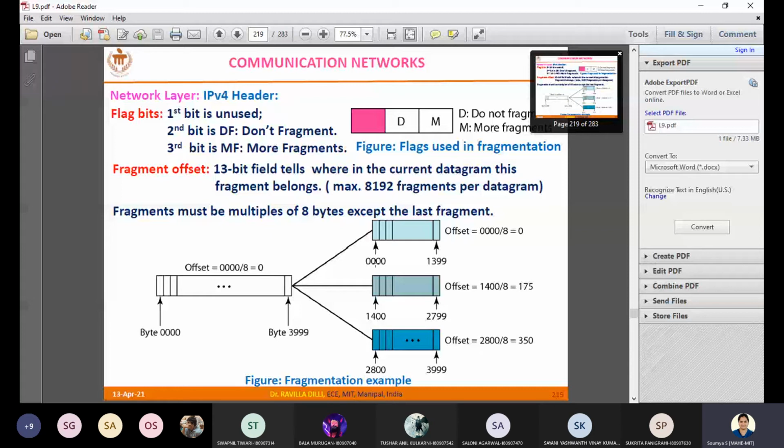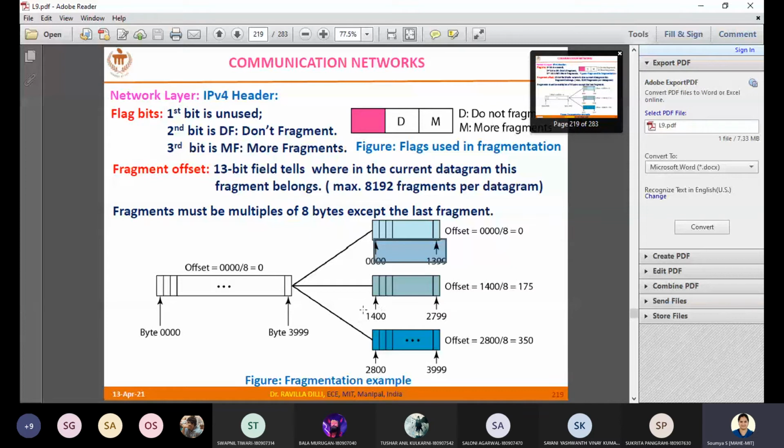So you divide it such that this first part is 0000 up to 1399. Then what is its offset value? You take the first fragment's address and divide by 8. Its value is 0. So the fragmentation offset for all the bytes that arrive in this particular fragment will be equal to 0.